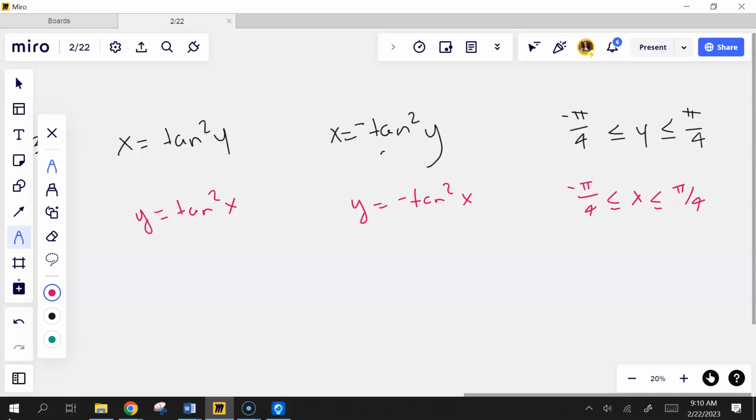My gosh. Do a zoom trig. But I want my x to go between negative pi over 4 and pi over 4. And what does it want? It wants the area.